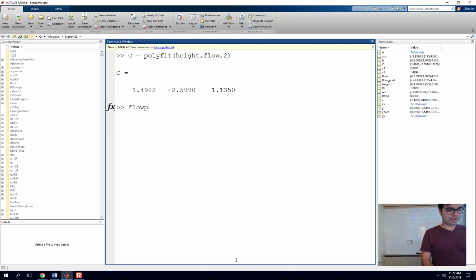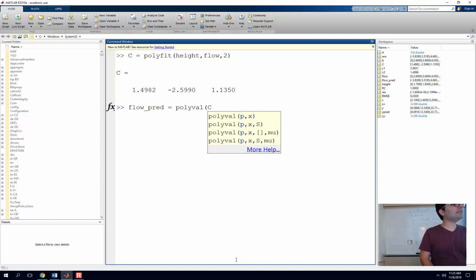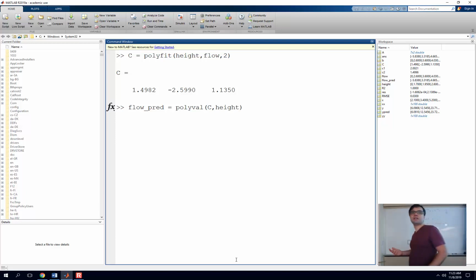Flow pred in this case is equal to polyval of C, comma, height. This height is basically x, and flow is basically y.